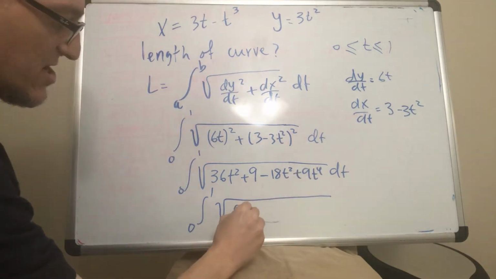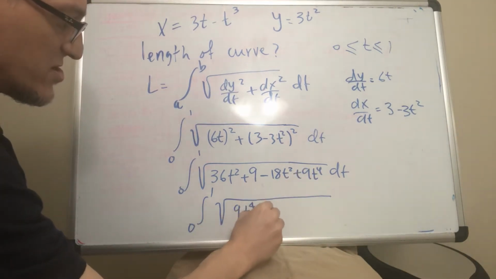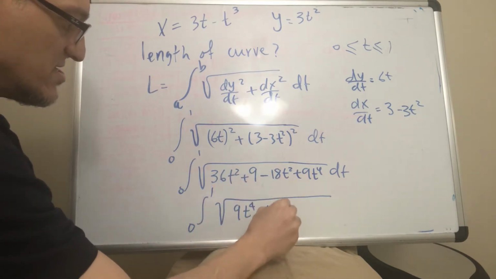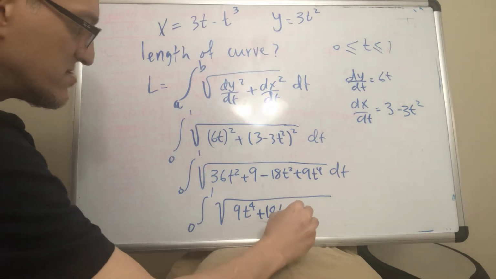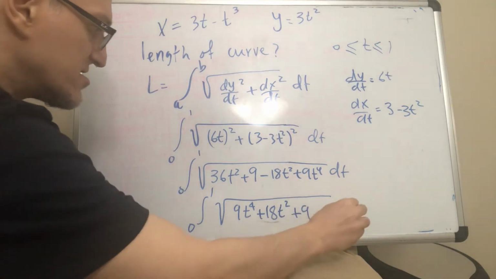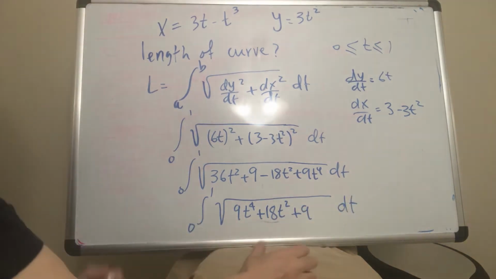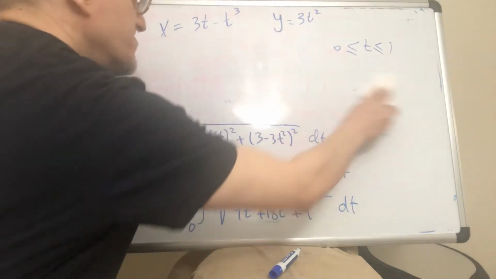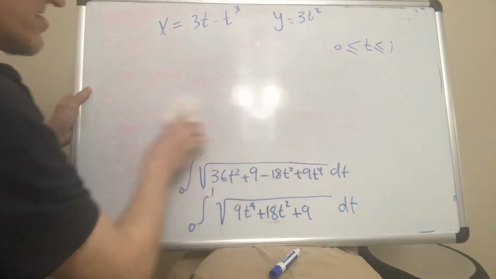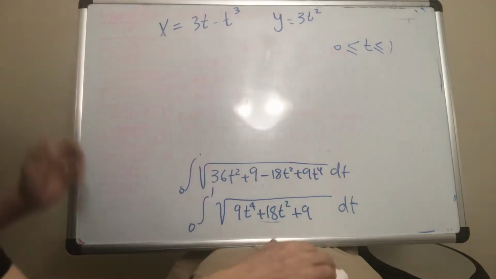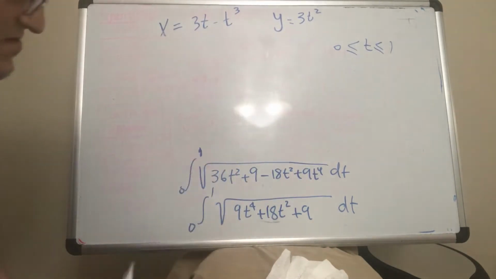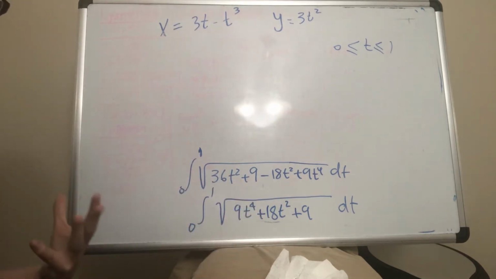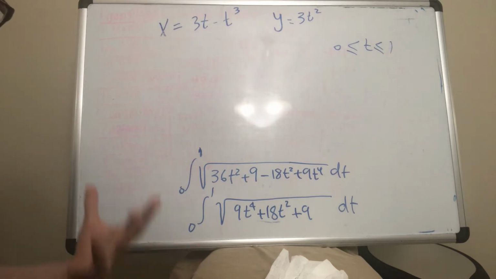I'll start from the highest exponent, t^4, and then this minus this will give me 18t squared plus 9 dt. Now, usually when you do a question like this, when you see this, it's usually what's called a complete square.